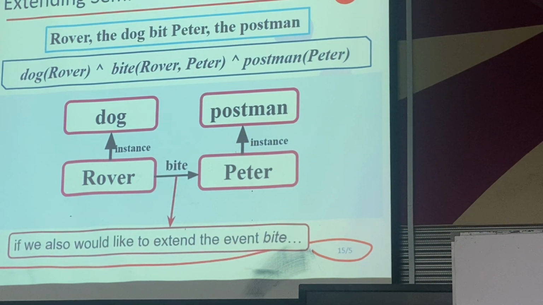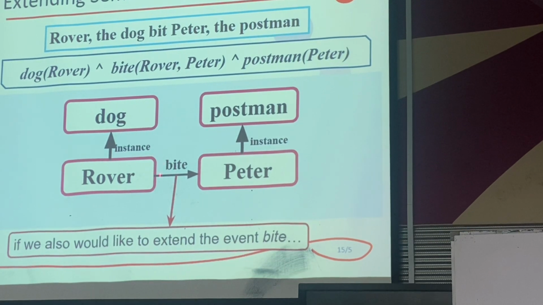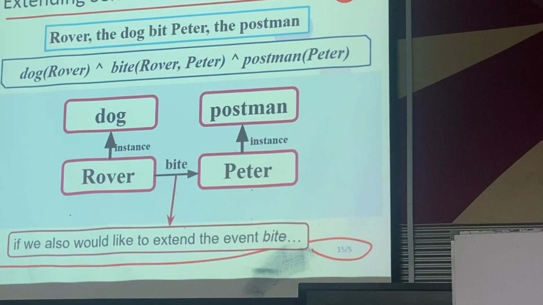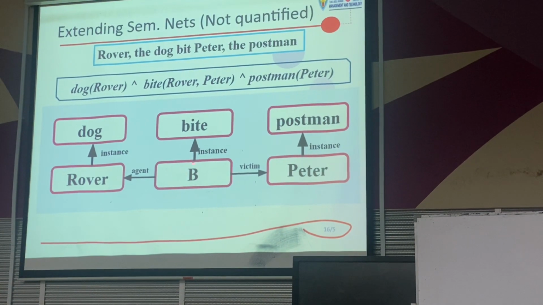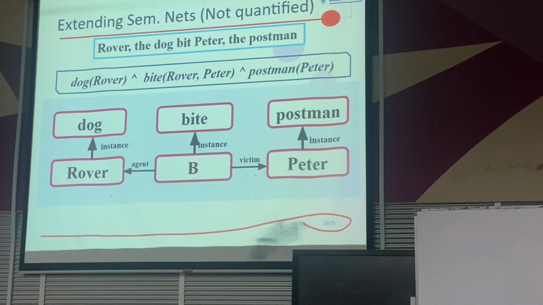So you can actually extend or modify this simple semantic network to a more complicated one. You treat this bite here as an event, instead of just a relationship. You treat the bite as one of the events, and then you can create one subclass or one example, showing that this bite here is one of the examples.